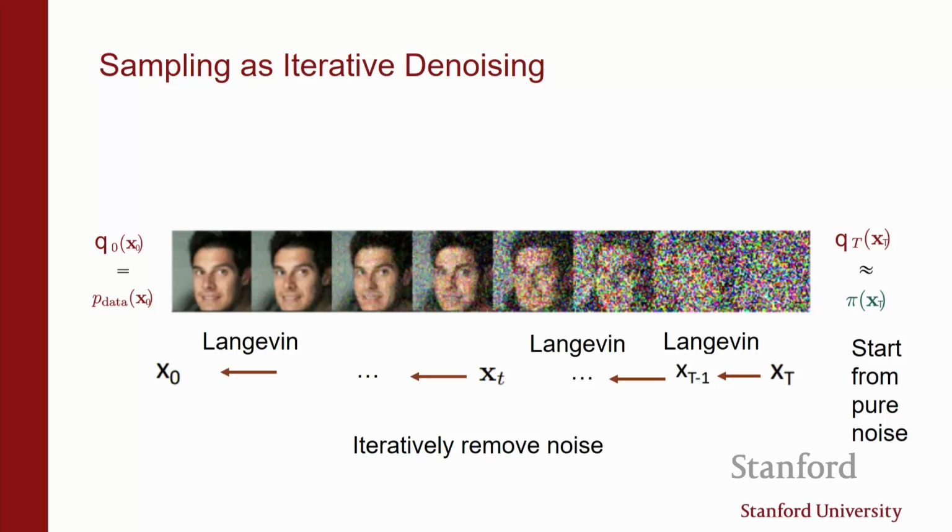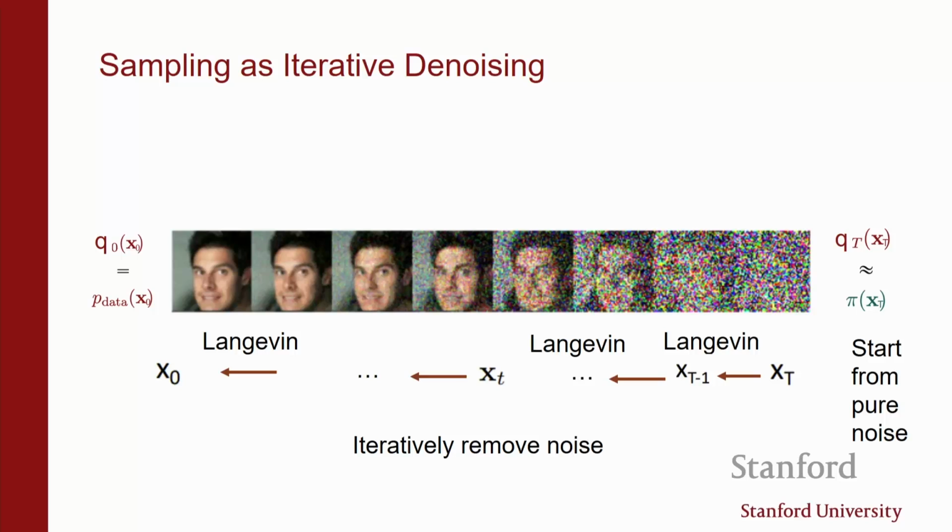So we can think of the procedure that we were seeing before as basically trying to iteratively generate samples from these random variables, x0 through xt, where these random variables are essentially what you would get if you were to take a real data sample and you were to add noise to it, right?